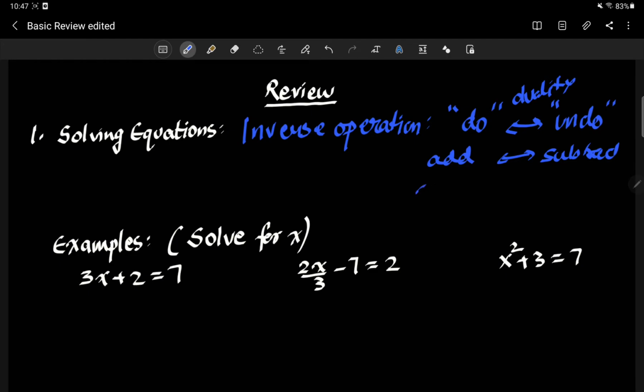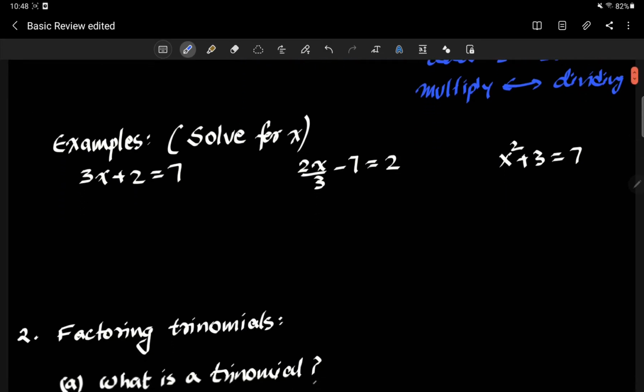The dual to multiplying is dividing. Most of our ideas that we know of are duals, like up and down, left and right, north and south, and all of those ideas. So basically what an inverse operation does is if you do something and then you undo it, you've basically done nothing, right? So that's the idea behind solving equations.